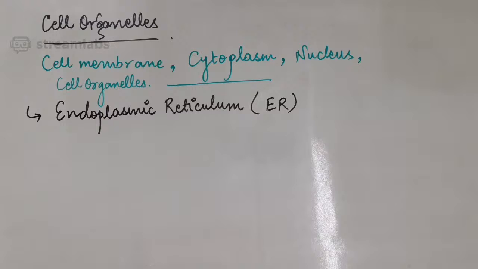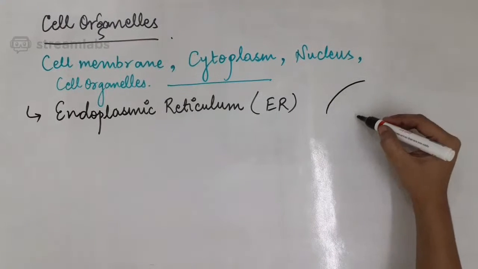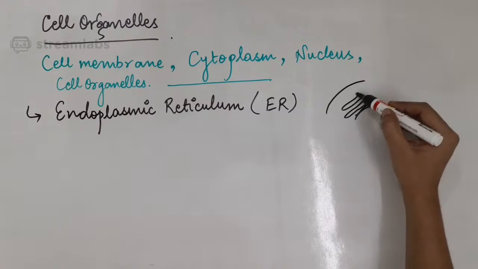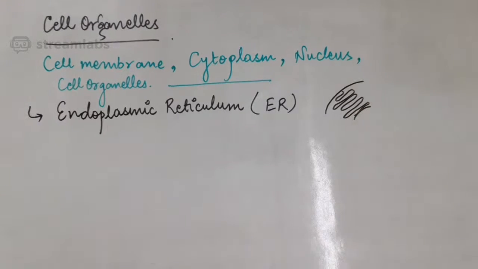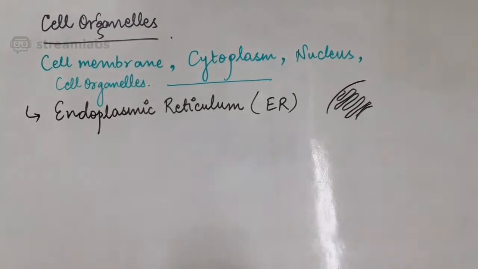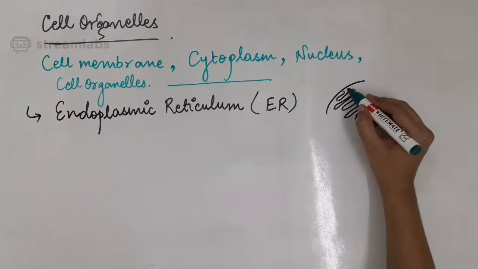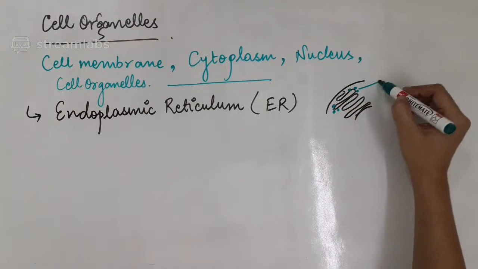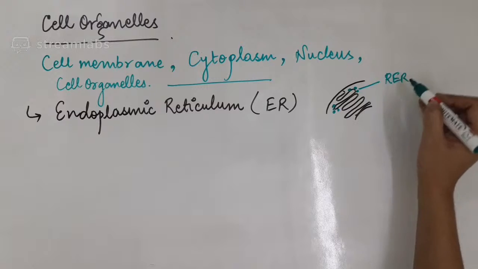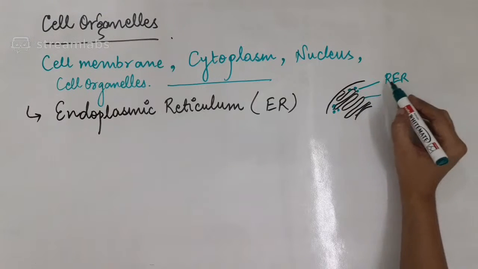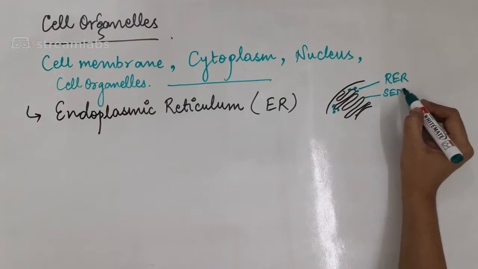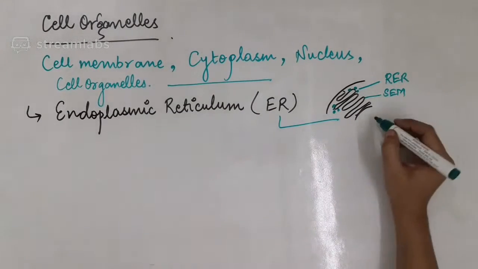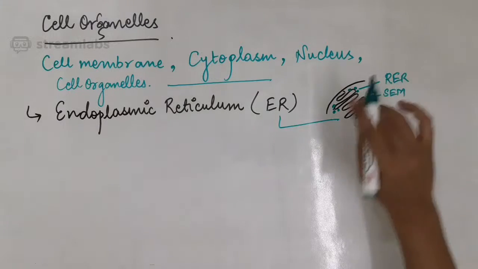For example, it is the cell membrane, it is the nucleus, and along with this the structure which was compared like a pipeline, on which the ribosomes are attached, and is called rough ER, and where the ribosomes are not attached it is called smooth ER or smooth endoplasmic reticulum. This portion we are taking, this is the nucleus, cell membrane complete.